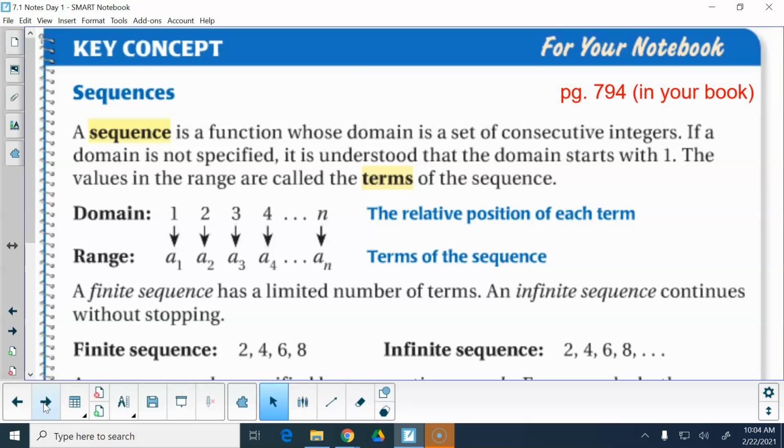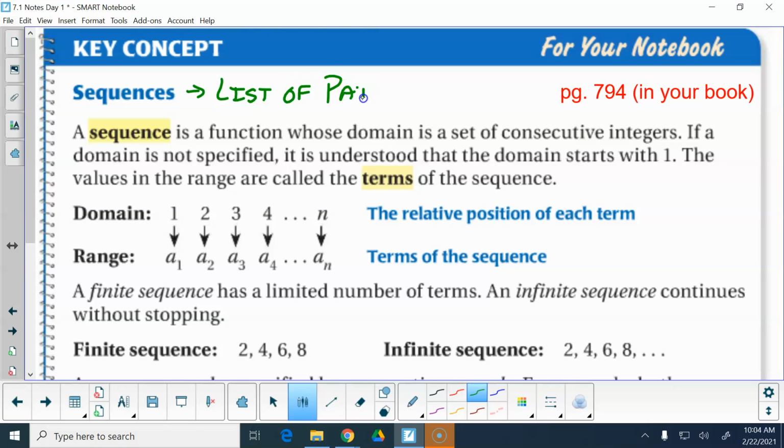So a sequence is a list of patterned numbers. Okay? So it's a list of patterned numbers.